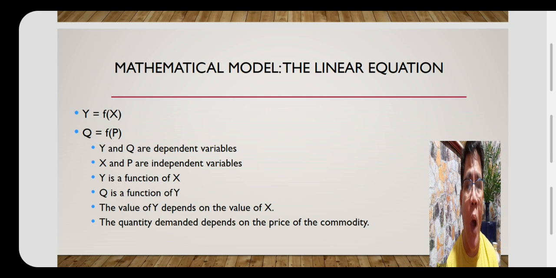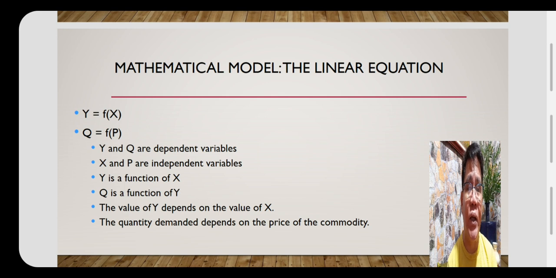It says that y depends on the value of x. So basically, this expression tells us which between y and x is the dependent variable or the independent variable. You will notice that there is that small letter f introduced in that expression.